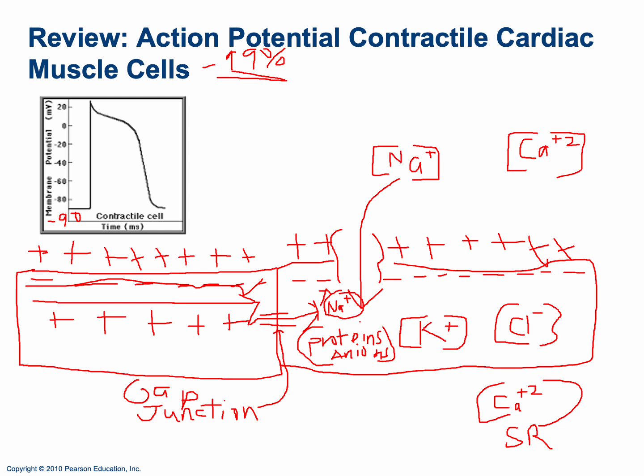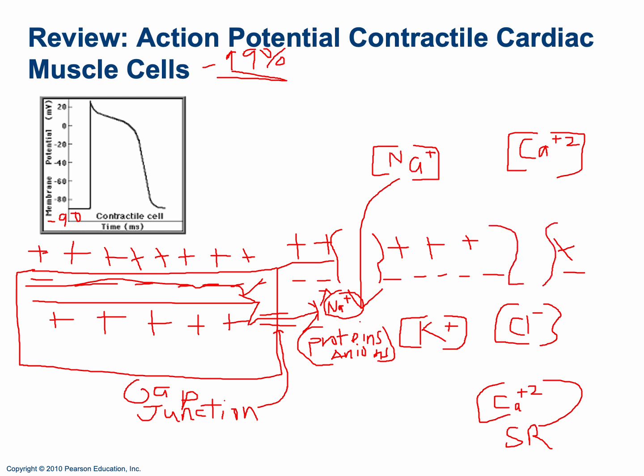Likewise, you also can have calcium that can come in. So we need to make some room here for putting our slow calcium channel in. Of course, it would be inactivated at first, but then it goes ahead and it actually opens up. So we'd have to erase that here. And there we have it.